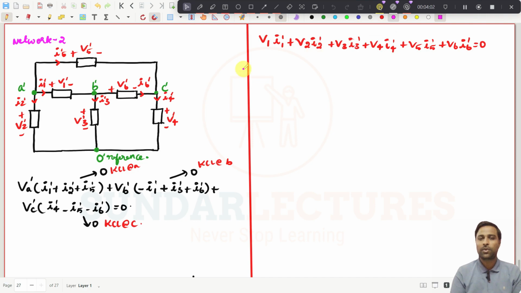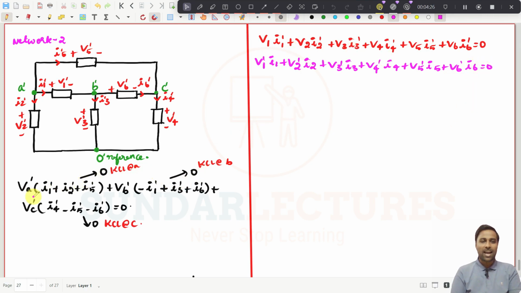And on the other hand, you can write like this also, V1 dashed I1 plus V2 dashed I2 plus V3 dashed I3 plus V4 dashed I4 plus V5 dashed I5 plus V6 dashed I6. That should be equal to 0. Since I1 dashed and I1 should satisfy KCL at node A, node B, node C, it becomes 0. So this is actually possible, and this is Tellegen's theorem.